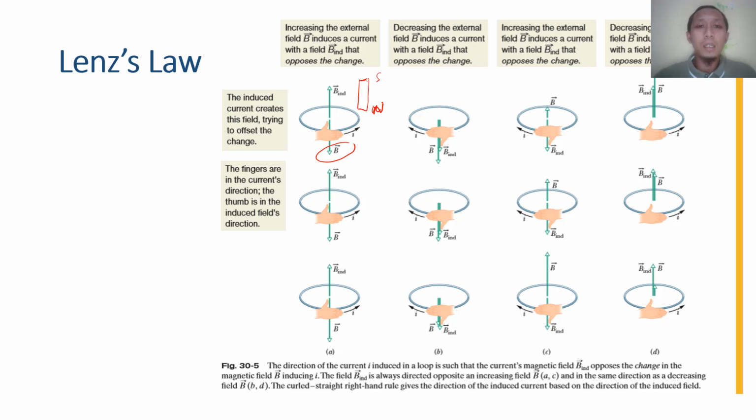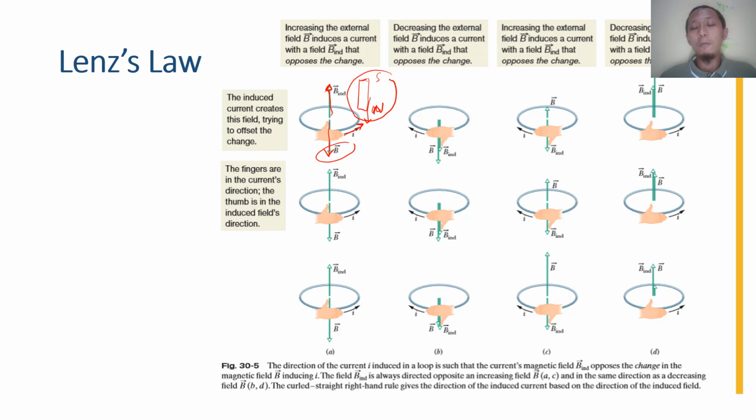If we move the magnet through the wire like this, the direction of B is below the wire, and then it will create a magnetic induction of B in the opposite direction to the B. So it means that if we increase the external field B, a current will be induced. This is the current induced by the magnet.